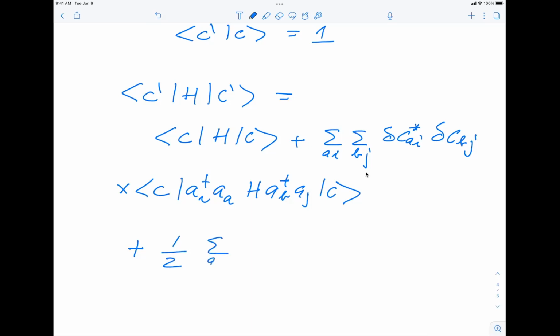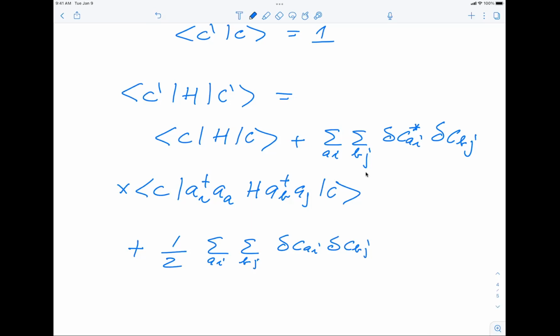So we're going to have an AI and then a sum over Bj. And in the first term, we're going to have not the complex conjugate, but a C of I and a C of Bj, like this.